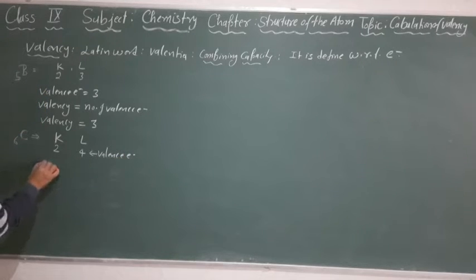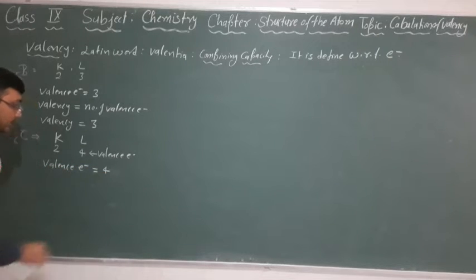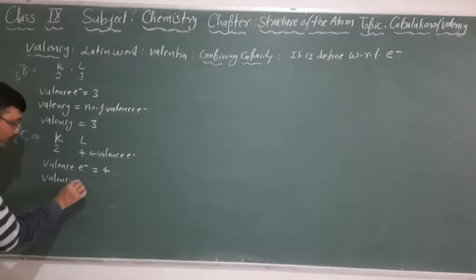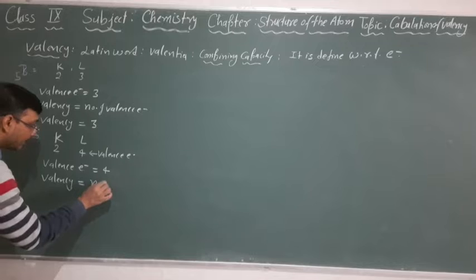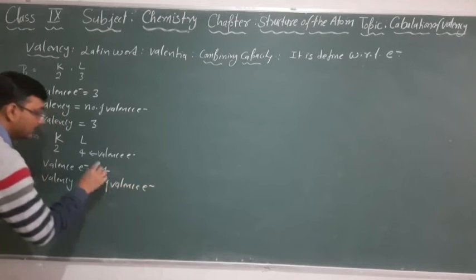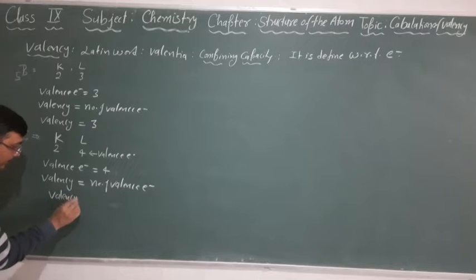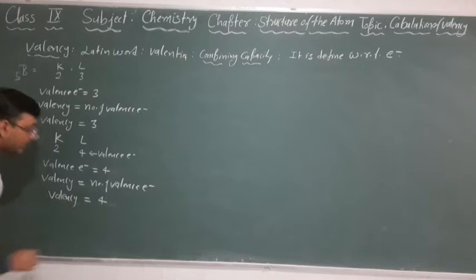We apply the formula: valency will equal the number of valence electrons, and valency will equal 4. So the valency in case of carbon is 4.